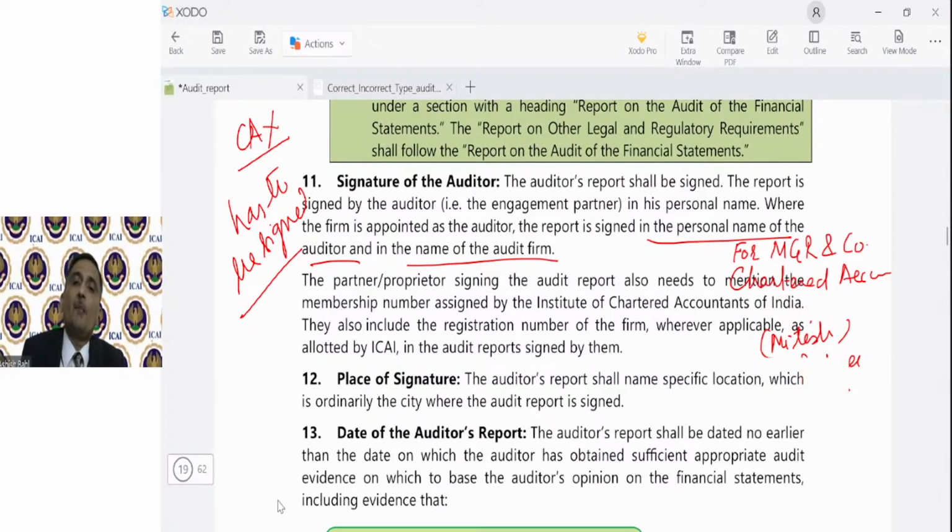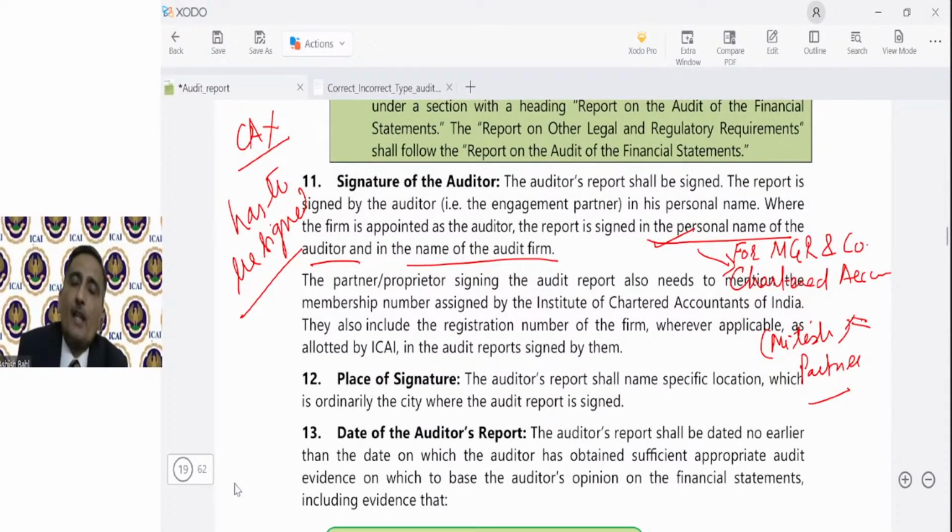So when the firm is appointed as an auditor, the report is signed in the personal name of the auditor. Mitesh partner is signing, and in the name of the audit firm, because the appointment is in the name of the audit firm. So the engagement partner is signing on behalf of the firm.